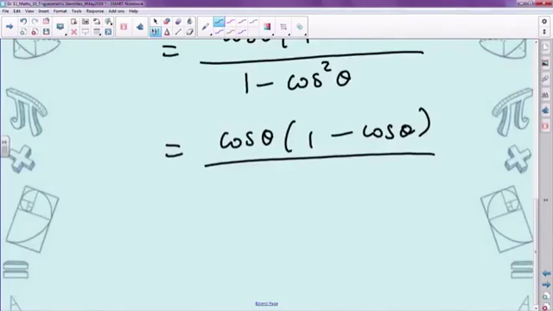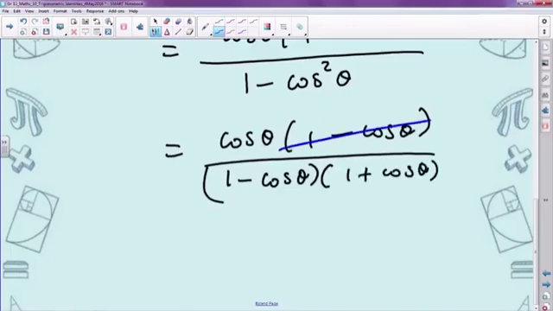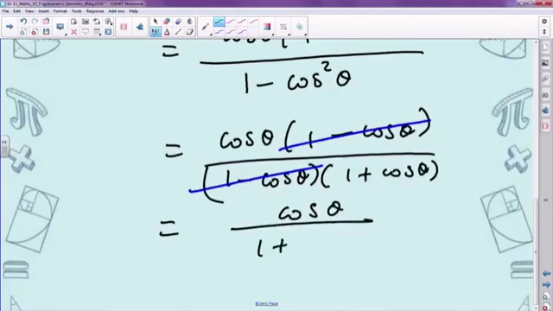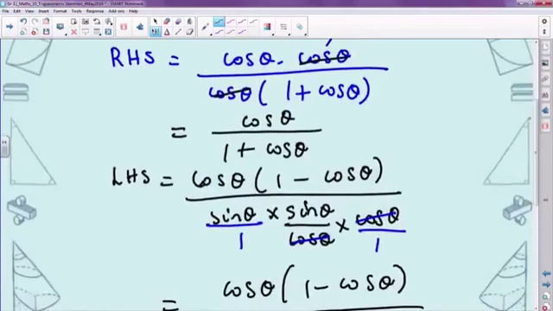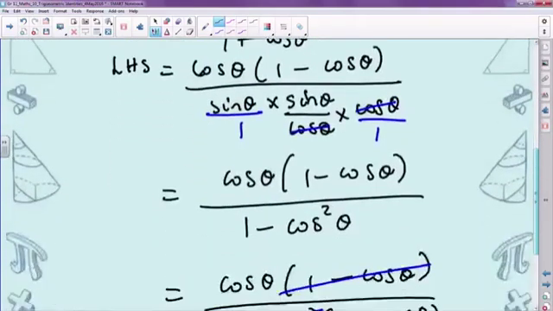I can factorize that to 1 minus cos theta, bracket 1 plus cos theta, and then the 1 minus cos theta divides the 1 minus cos theta, and then we're left with cos theta over 1 plus cos theta, which is now exactly the same as the right-hand side in its simplified form.